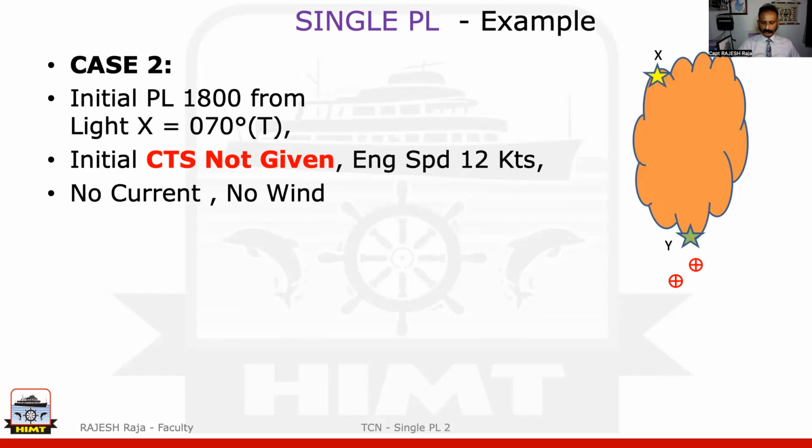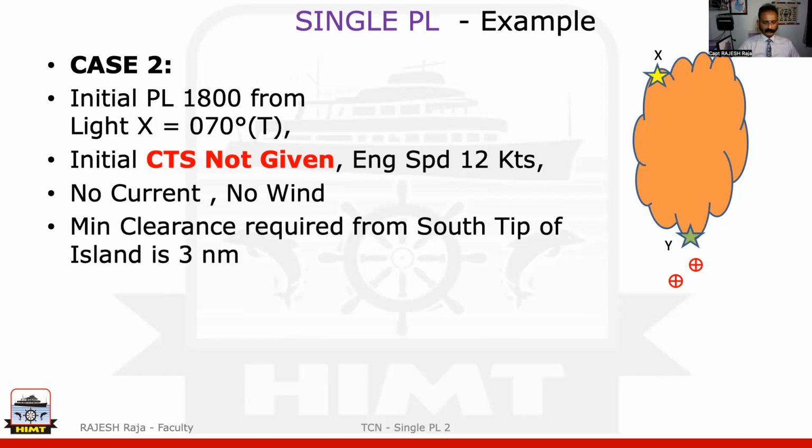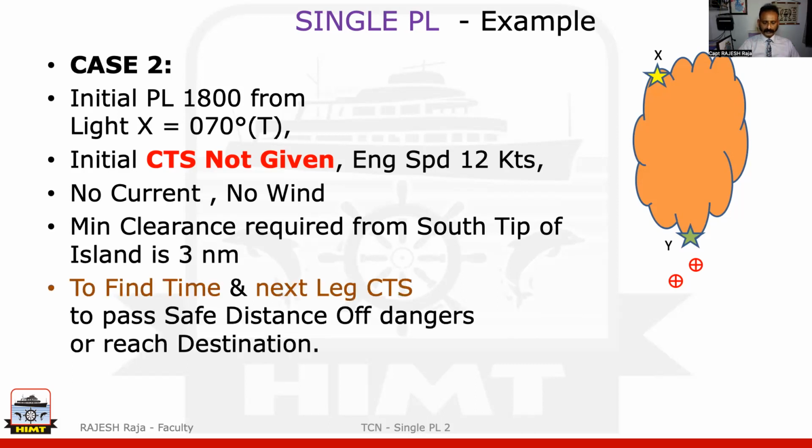I'm not giving you current and wind. I'm asking you for a minimum clearance of 3 nautical miles on the south side of the island, which is Lighthouse Yankee, because of offlying dangers. And as I had mentioned in the clues and conditions, I'll ask you the time for alteration to the second leg. What is the course to steer on the second leg to achieve this aim of passing a safe distance?